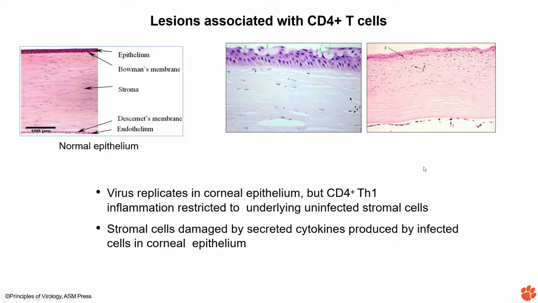What happens in the last stage is that the stroma, which is right here, is damaged by the secreted cytokines produced by the infected cells in the corneal epithelia. These infected cells release the cytokines, and they attract all the CD4 cells. Right here, again not very clear, but just remember these are the CD4 T cells. Pathologically you can determine those under the microscope; here it is almost impossible.